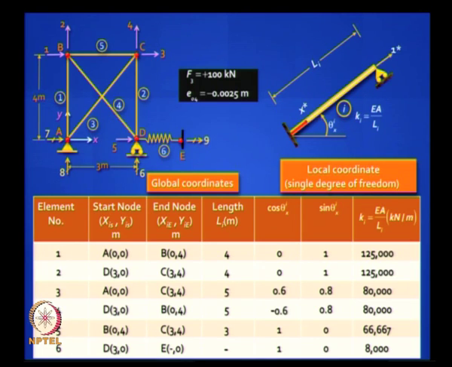So let us say we have done this exercise, okay, and the stiffness also is given, EA by L. I am giving you this table because that is easy to do. With the help of this table, now generate the TD matrix. You can pick up cos theta sin theta from here. Will you do that?